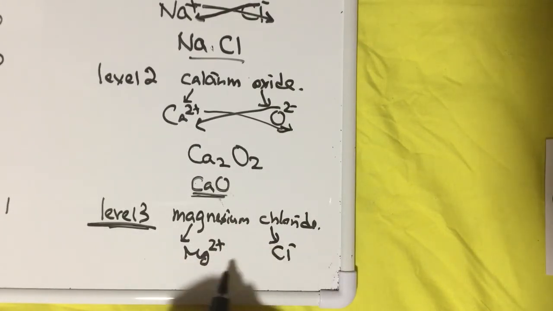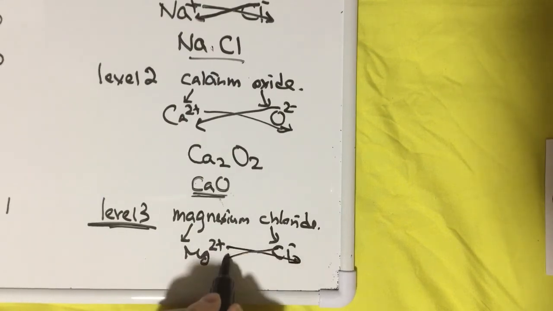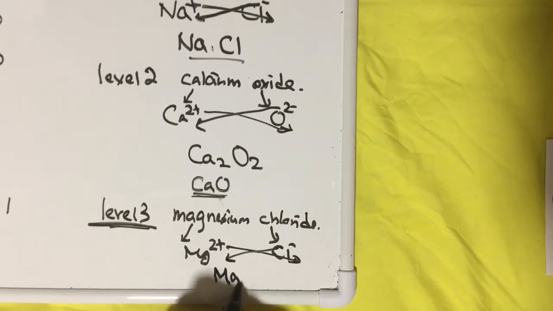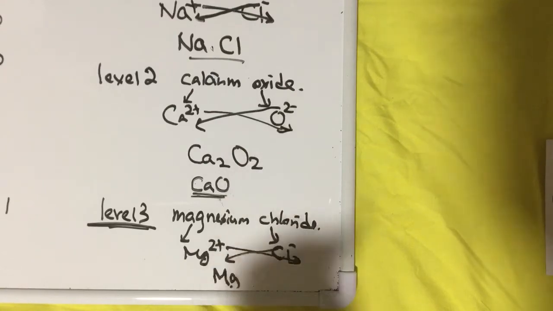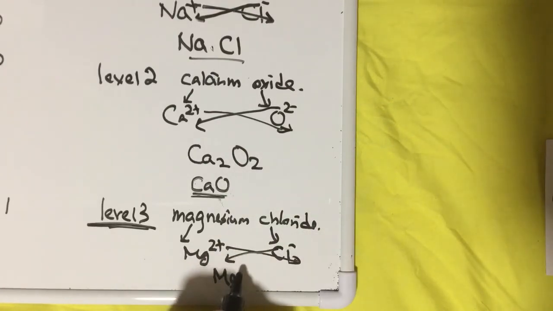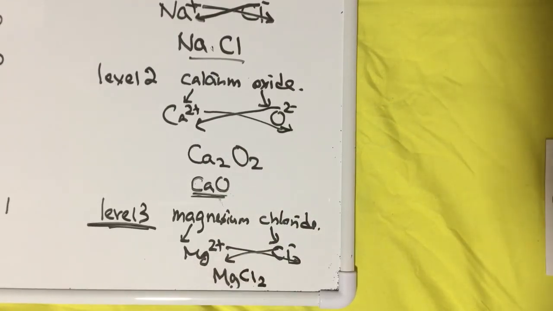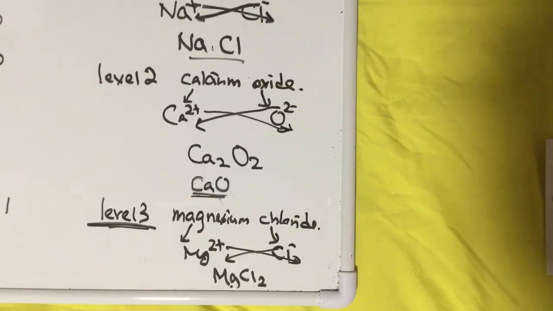Secondly, use the cross, so it will become Mg1, but we don't write it, Cl2. Okay, so this is actually the chemical formula of magnesium chloride, MgCl2. Okay, thank you.